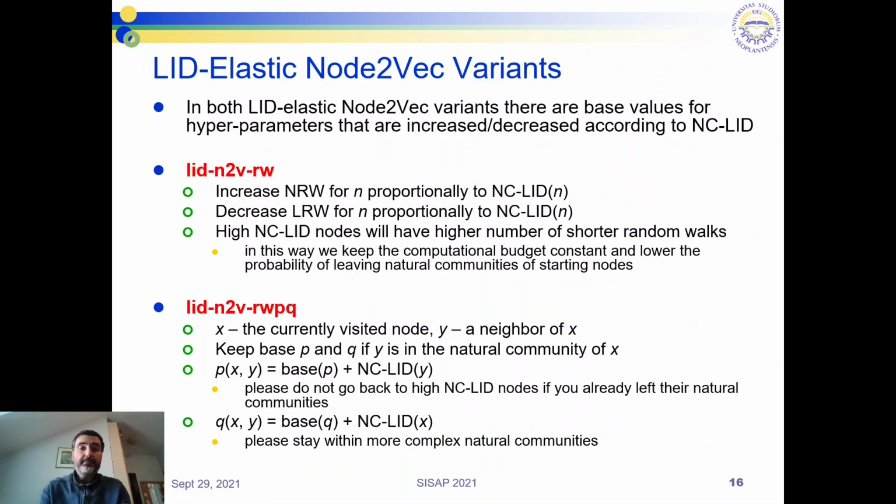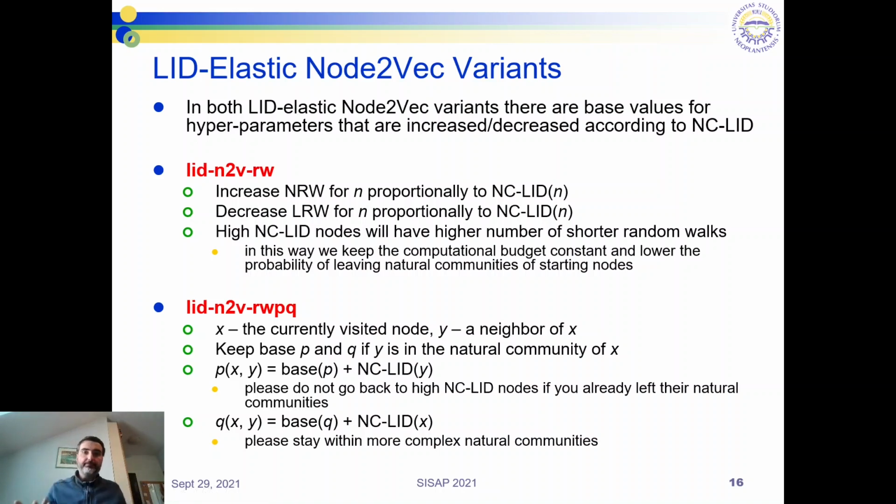And how do we do this? In both cases, we take the base values of all these 4 parameters and increase them or decrease them according to NCLID. And the exact formulas are given in the paper. I'll just show the basic principles here. So for the first method, for a given node n, we will increase the number of random walks proportionally to its NCLID and decrease the length of the random walks.